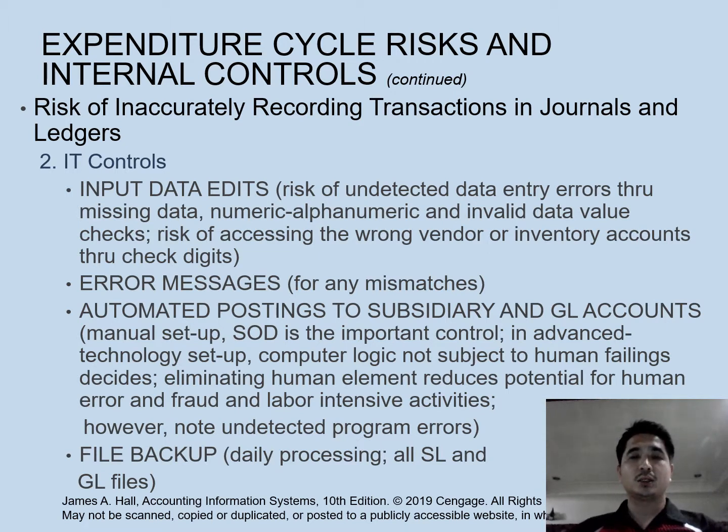As for the automated postings, the good thing about this one is that in a traditional environment, we do the SOD. In particular, the third SOD is that you subdivide tasks so that fraud necessitates collusion. For the accounting records, you separate those who handle the journals, subsidiary ledgers, and GL accounts.